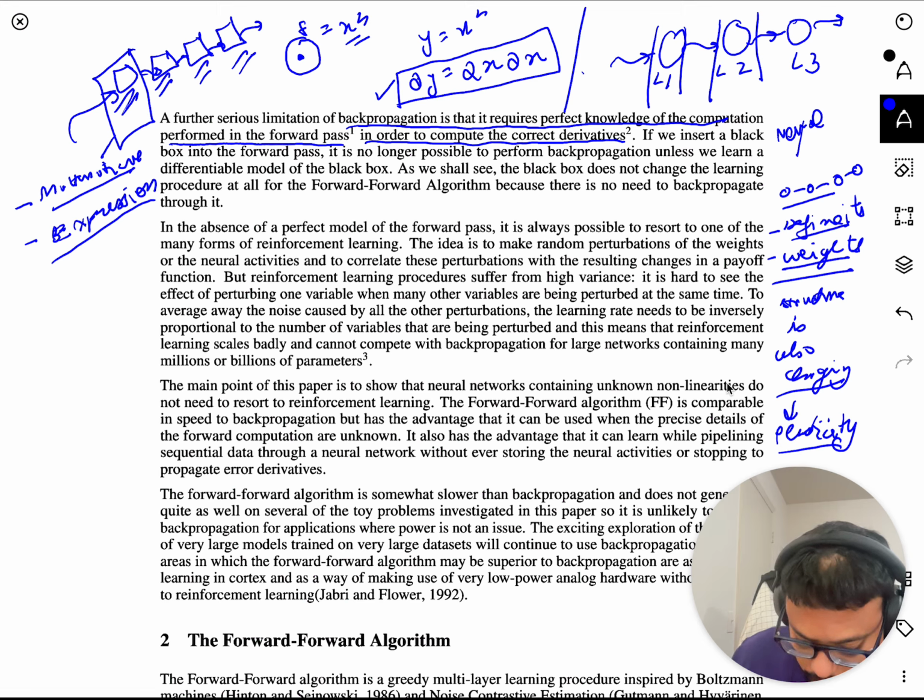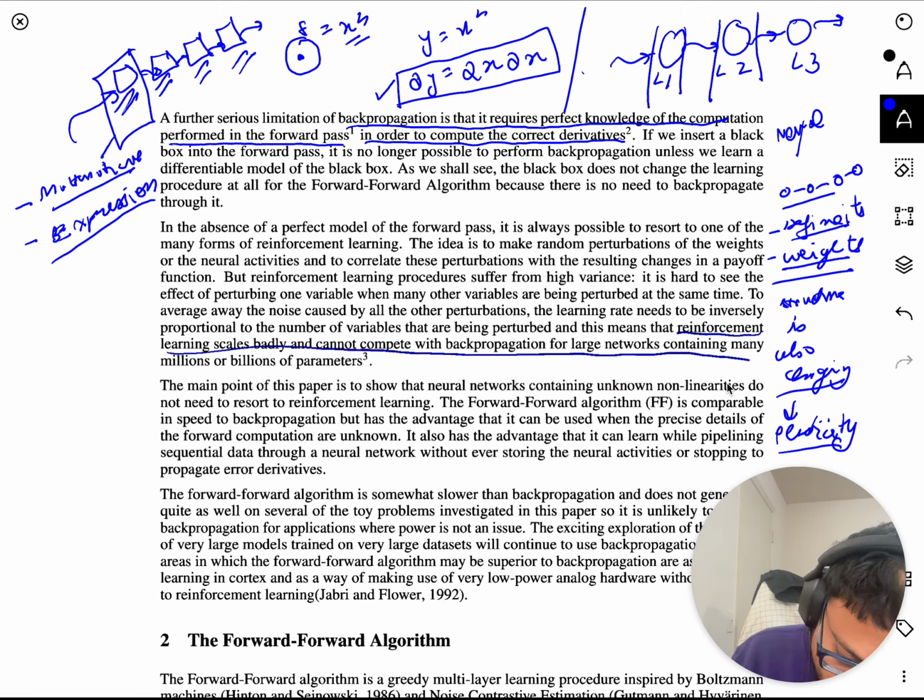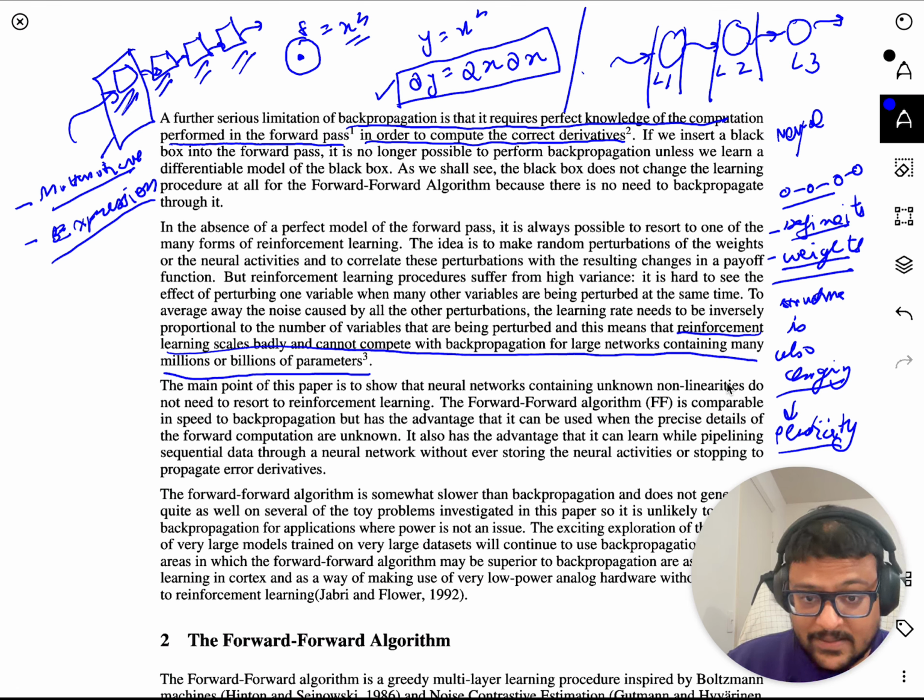Okay. Now, the other part here, what Hinton says is that reinforcement learning scales badly and cannot compete with backpropagation for large networks containing many millions or billions of parameters. He's saying there's a reason that backpropagation is able to work so well.